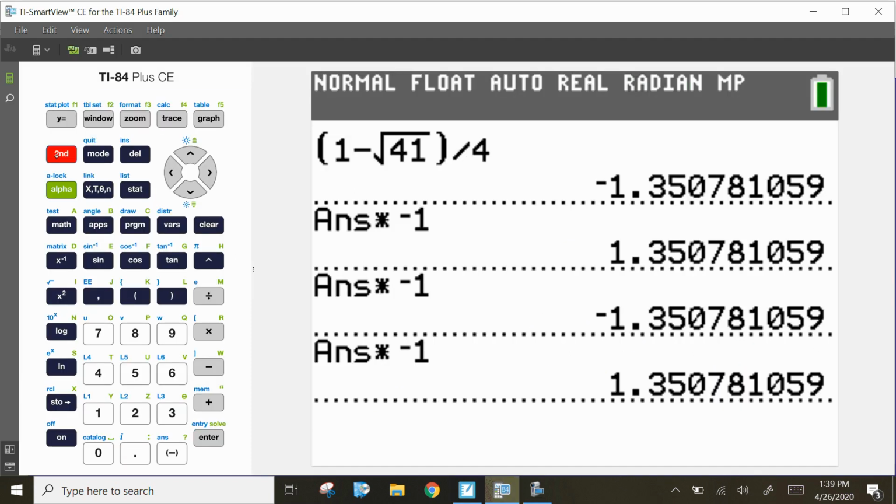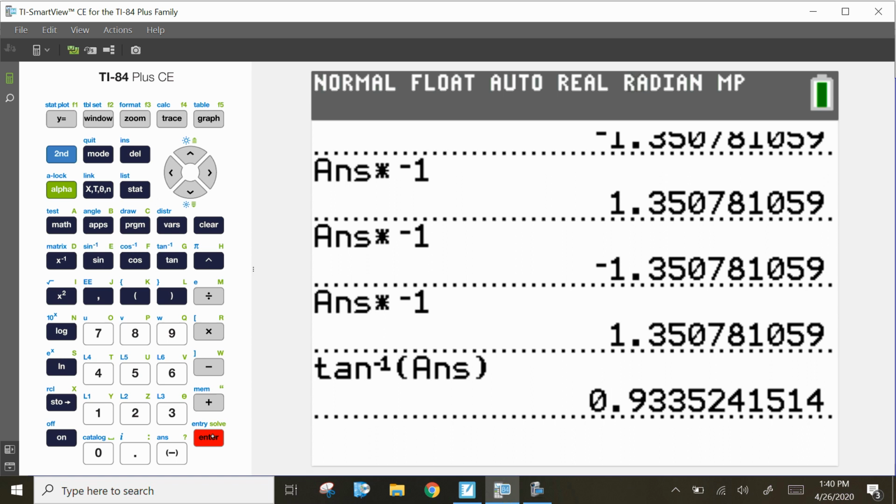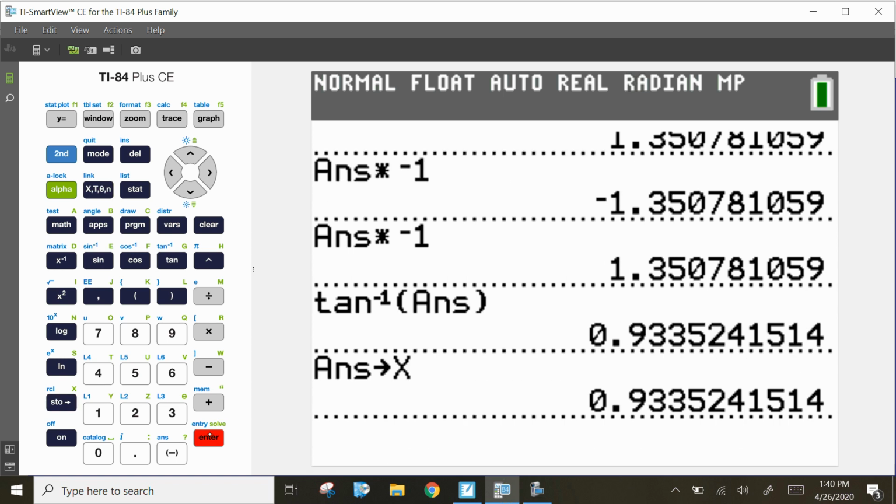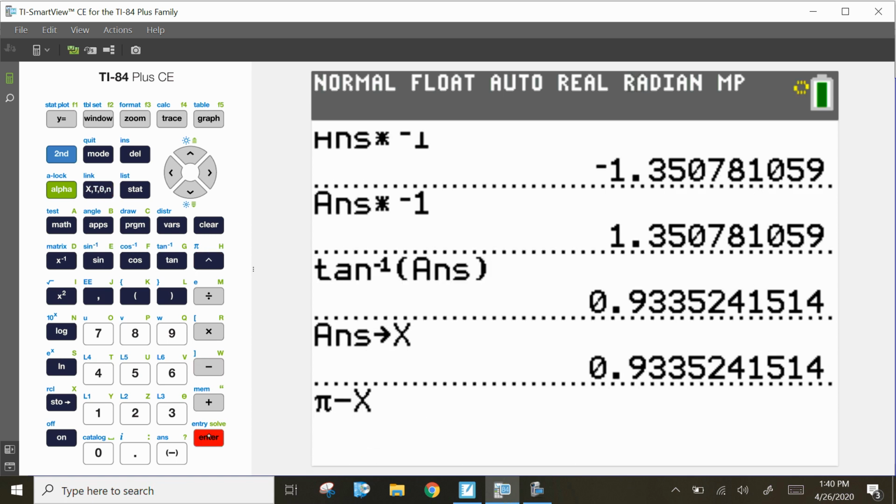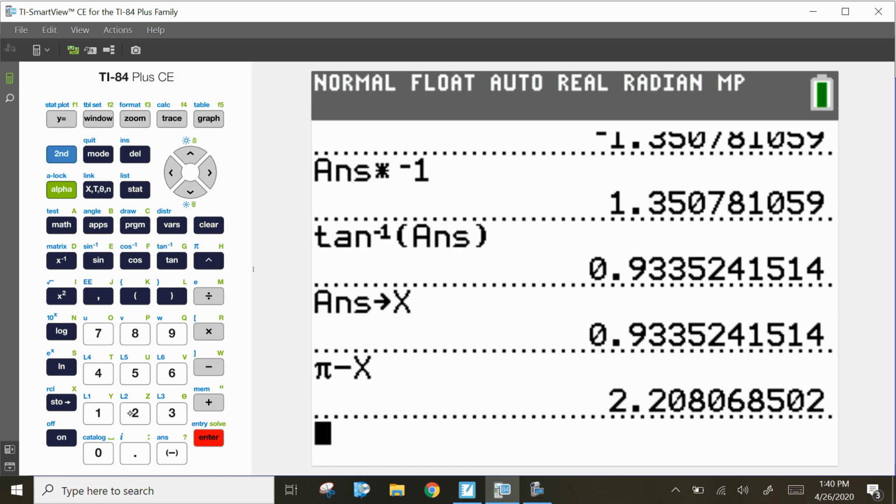So just like I did before, I'll just do inverse tangent of the value first. And I'll store that as x. So in quadrant 2, I'm going to do pi minus that stored x value. And in quadrant 4, I'll do 2 pi minus the stored x value.